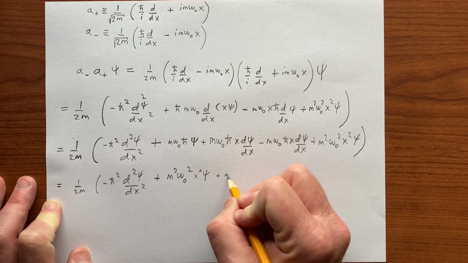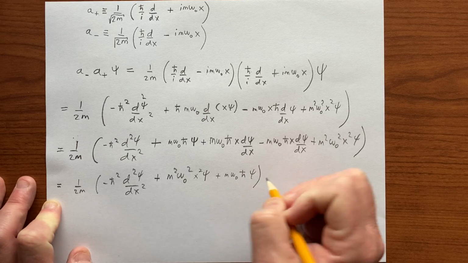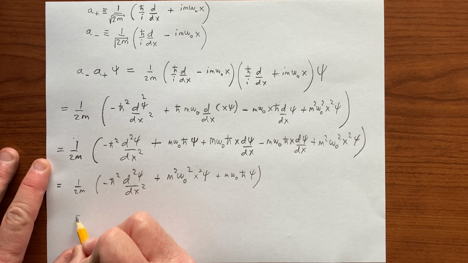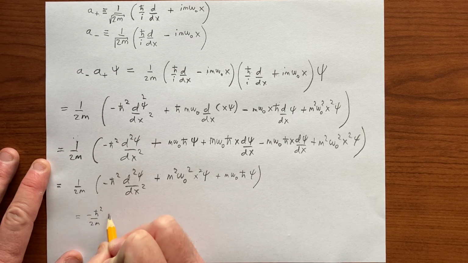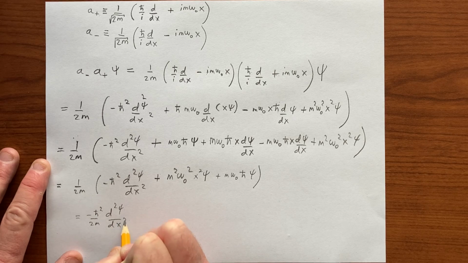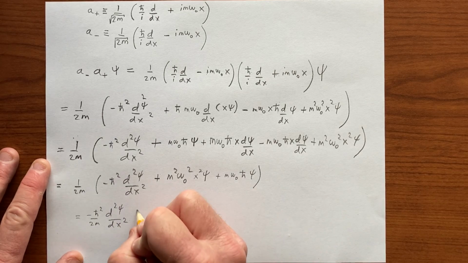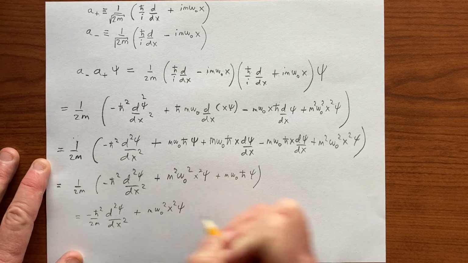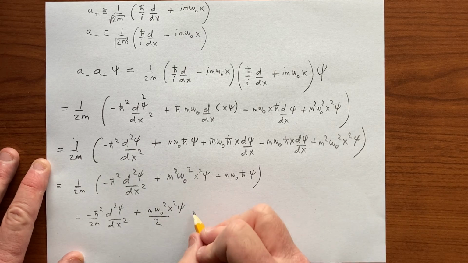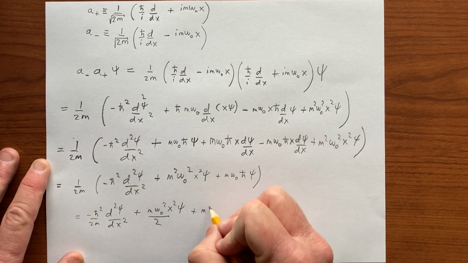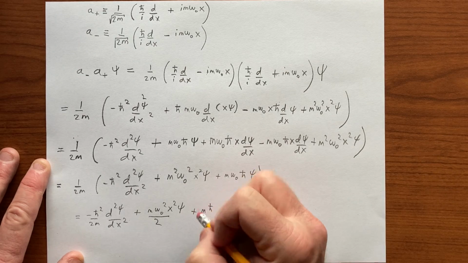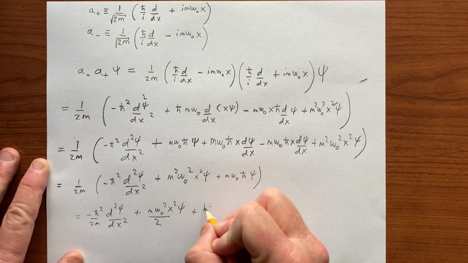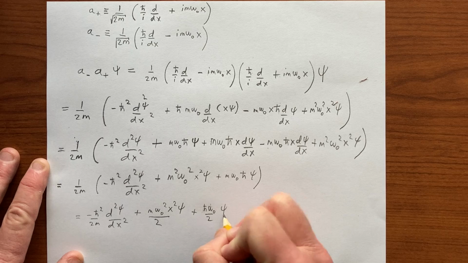So we have an m omega naught h bar psi, and so this gives us minus h bar squared over 2m, two derivatives of the wave function in x, plus we have m omega naught squared x squared psi over 2, plus m h bar, the m cancels. I have h bar omega naught over 2 psi.